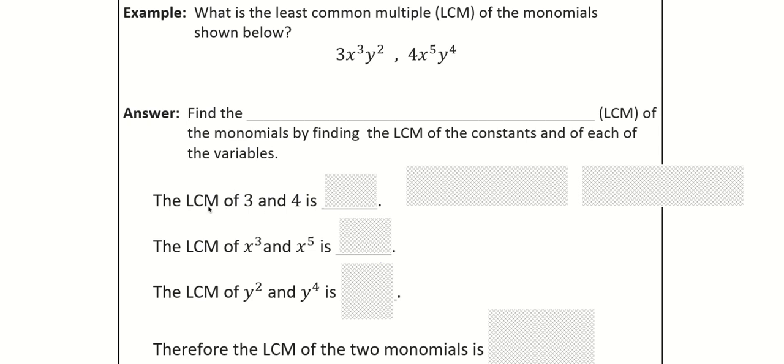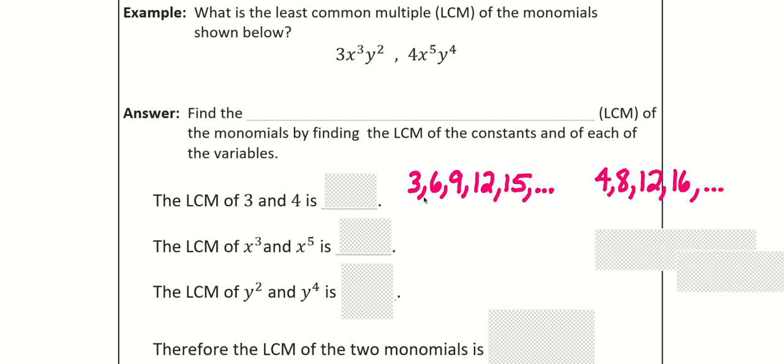This is a different vibe. This is now least common multiple. We're still looking for things they have in common, but now we're looking for multiples that they have in common. And in the previous video, we talked about all the multiples of 3 and all the multiples of 4. And now we're looking for the smallest common multiple.